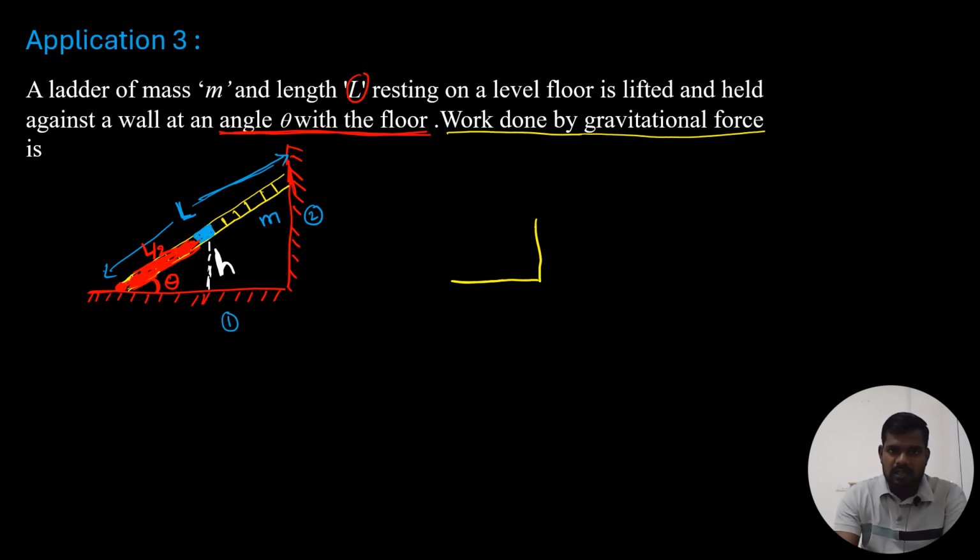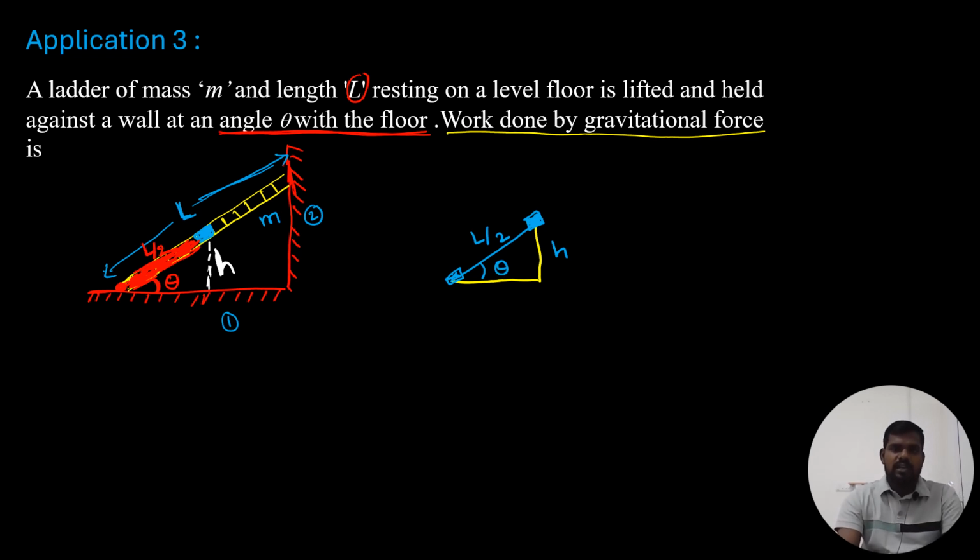This is the ladder, this length is L by 2 because the center of mass is exactly at the center, this is the starting point, this is h, and this is the angle theta.